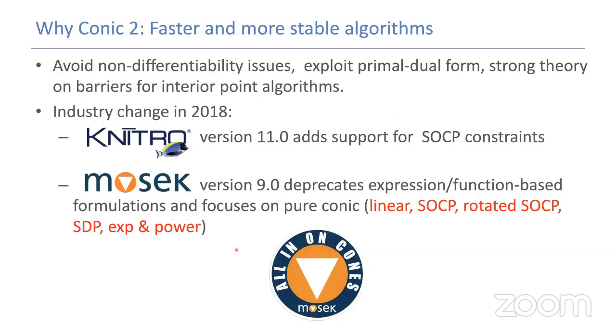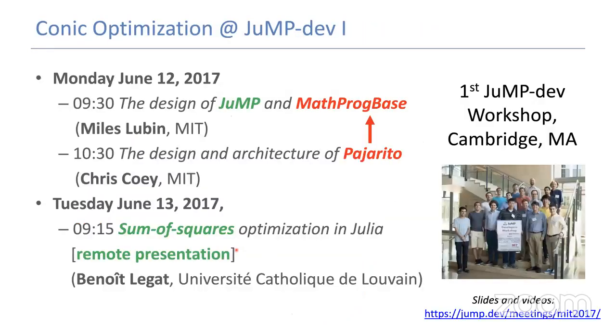And this whole shift to conic has been very tied to the history of how JuMP has been evolving. At the first JuMP developers workshop we had in Cambridge, the first two talks were Miles telling us about JuMP and MathProgBase, which was the back end of JuMP at the time. And then Chris told us how Pajarito uses and connects to MathProgBase to make everything work.